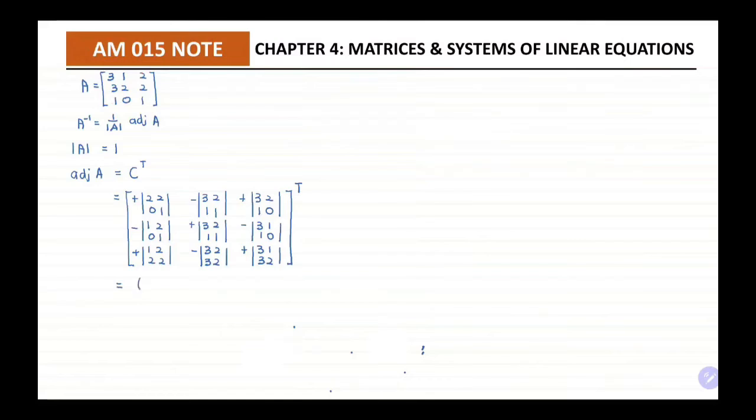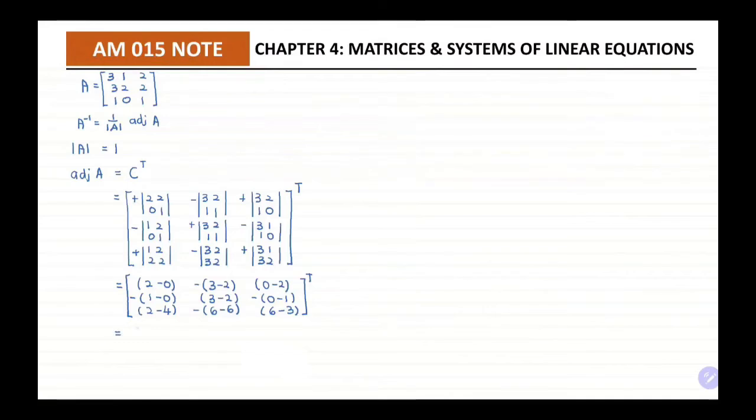So we get 2 minus 0, negative 3 minus 2, 0 minus 2, negative 1 minus 0, 3 minus 2, negative 0 minus 1, 2 minus 4, negative 6 minus 6, positive 6 minus 3. Okay, then we close, transpose.